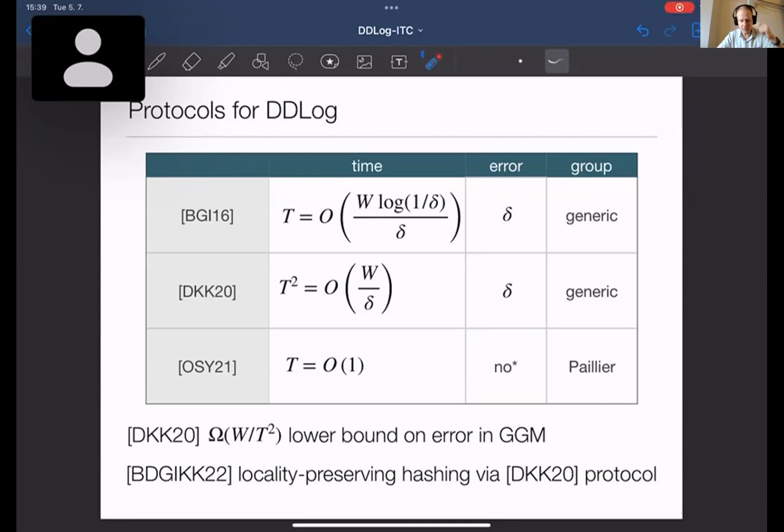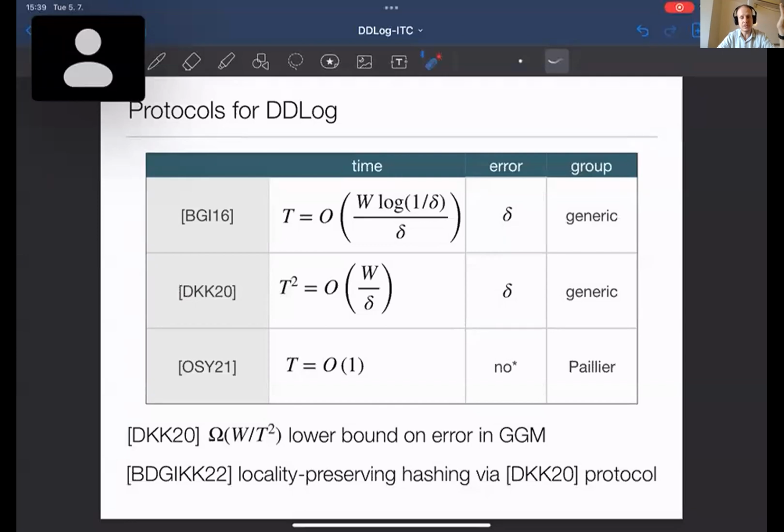Let me maybe just say something about the applications. So for homomorphic secret sharing, you are using these distributed D-log protocols, as I said, as a multiplicative to additive share conversion subroutine. You can imagine that you will use it over and over again, right? So if you have some error, it will propagate and accumulate throughout the whole homomorphic evaluation.